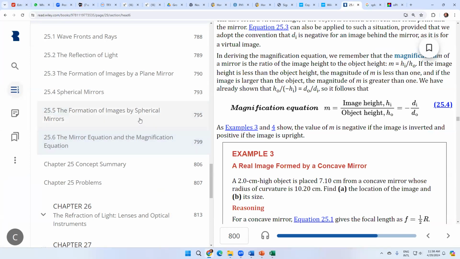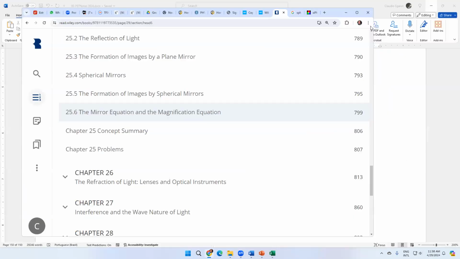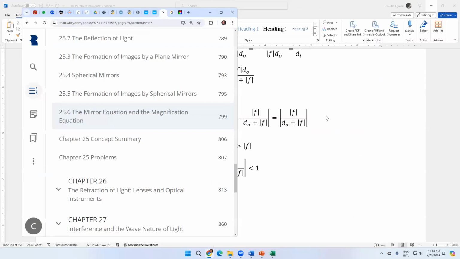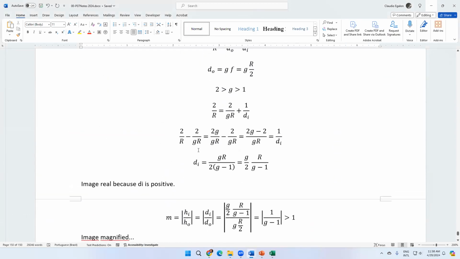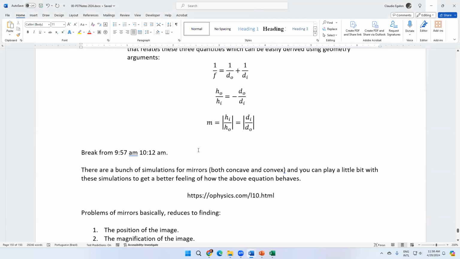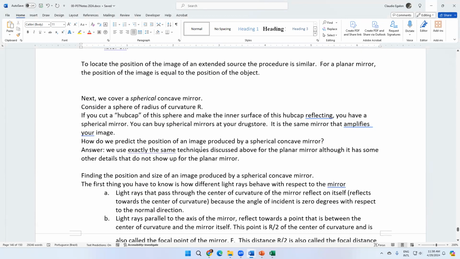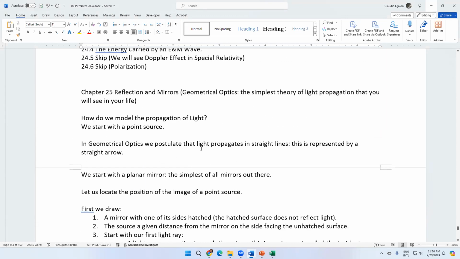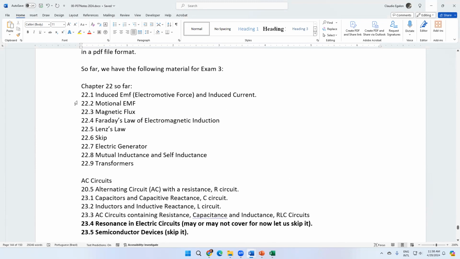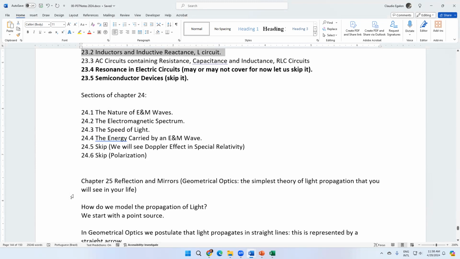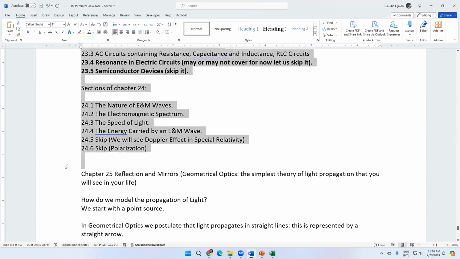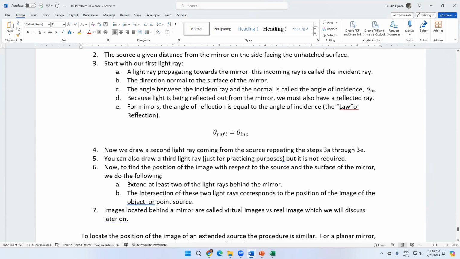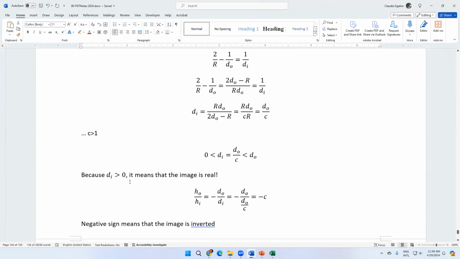Okay, I'm back here. So we covered every section of this chapter. Let's write it down. This theory is not that difficult, right? It's just geometry. That's what it's all about. And you're going to see that when you start talking about lenses, it's going to be kind of similar as well.